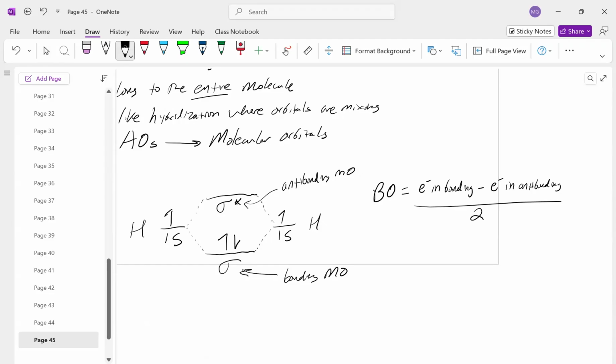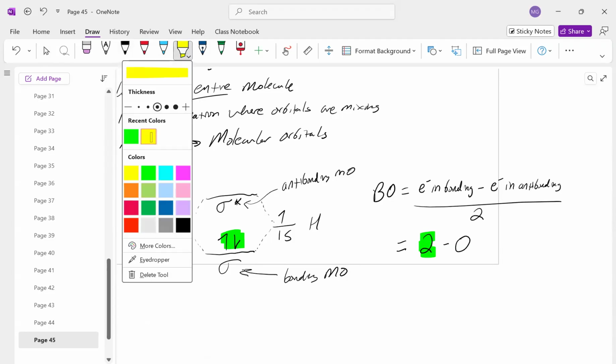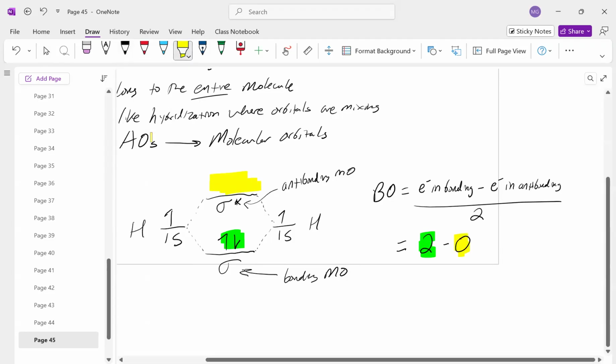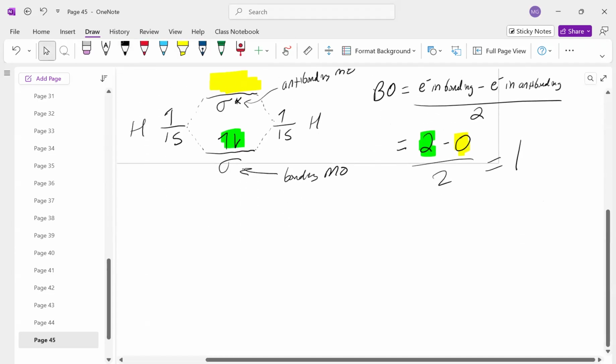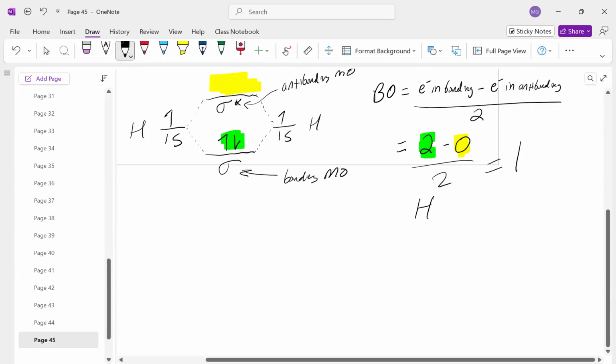For H2, there are 2 electrons in the bonding molecular orbital and none in the antibonding. That antibonding orbital is empty. I divide by 2, and that tells me there is a bond order of 1. I should have a single bond between hydrogen atoms, and that's the Lewis structure for hydrogen.